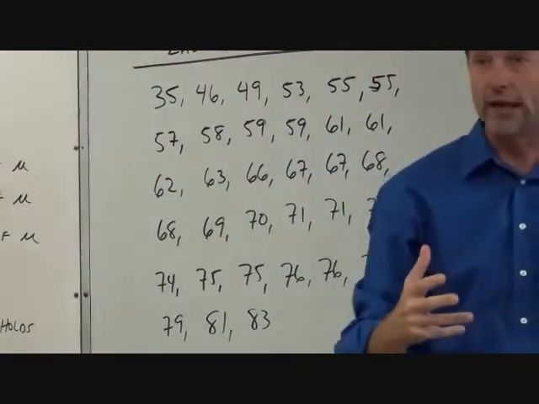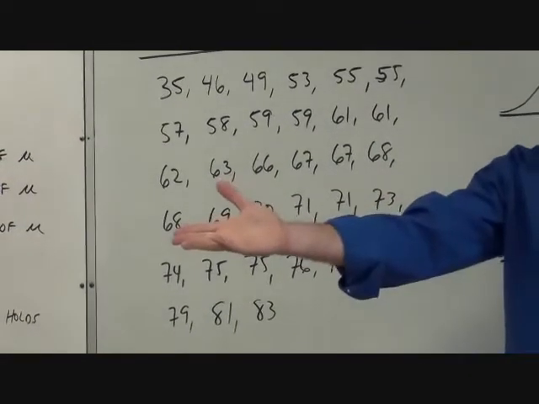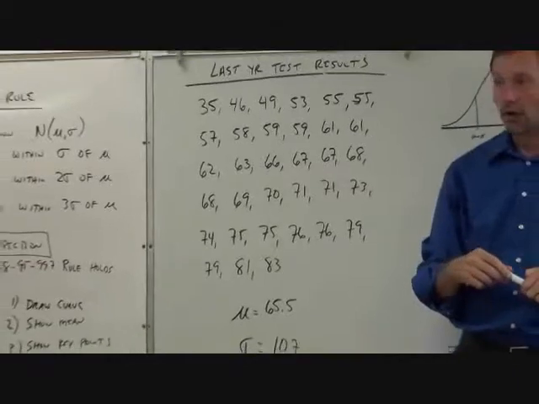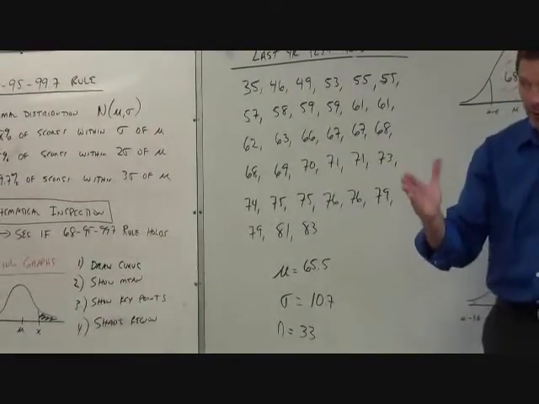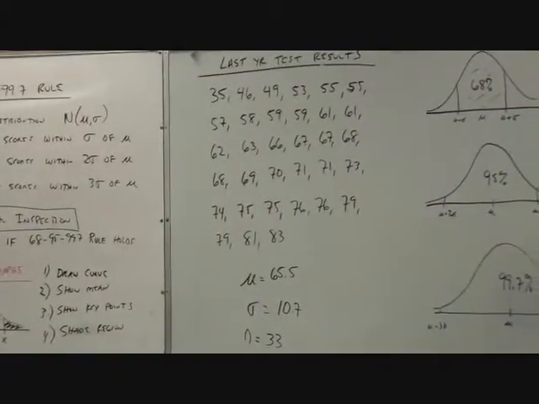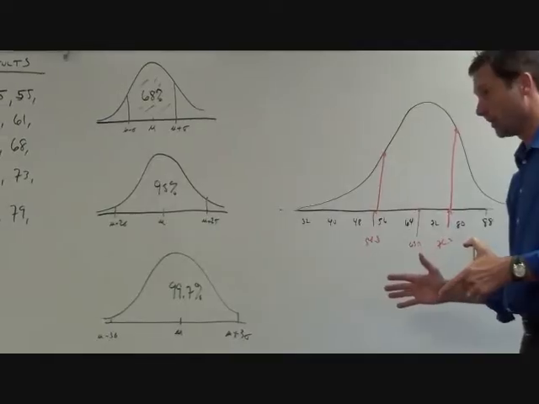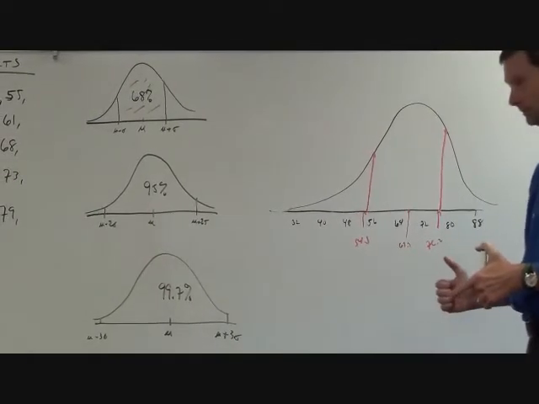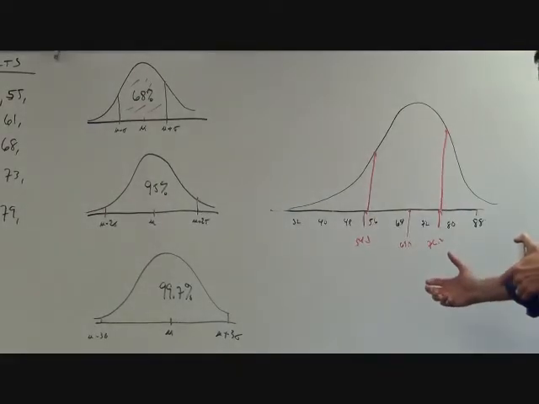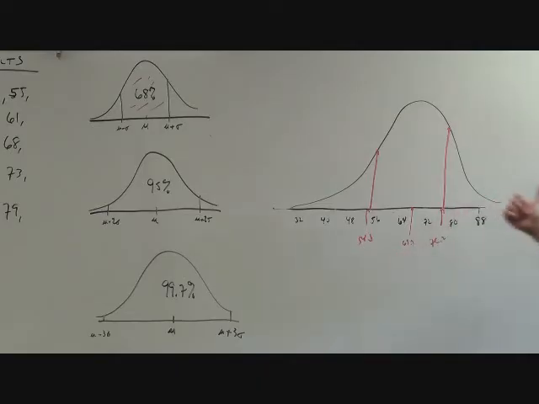Now, what is the range of 1 standard deviation of the mean? It's the mean plus and minus the standard deviation. So for this problem, that would be 65.5 plus 10.7, and then you also subtract 10.7 from 65.5.